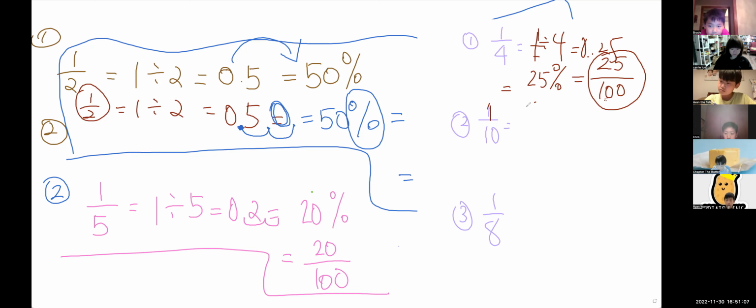Evan, the fish. Okay, so the first one is 1 divided by 10, very good, equals 0.1.